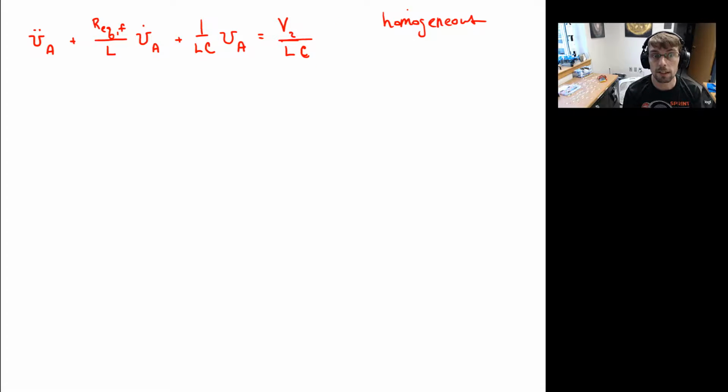The other way to do it is to realize that since this is a constant, when we get our expression for VA in terms of time, we just simply have to have that constant added in. If I have my VA as a function of time, imagine that you just add in that V2 over LC here.